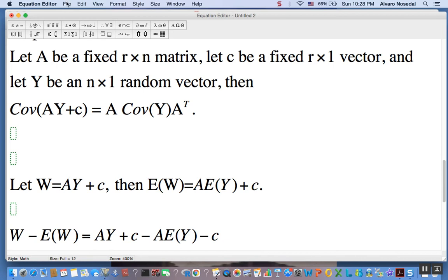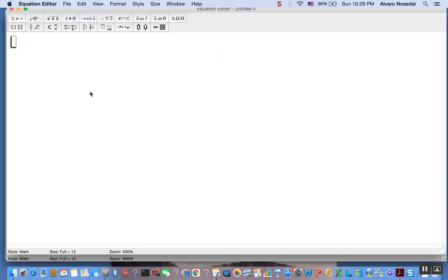Let me open another one of these. Before we find the covariance matrix of beta hat, let me remind you of something. This is a result from linear algebra.